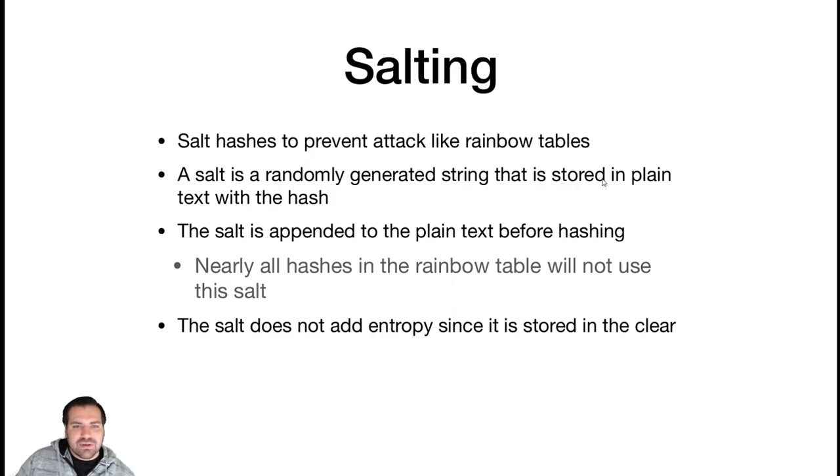So we have this string that everybody knows, a very random, can be long string, but it's going to be appended to the end of the plain text before hashing. And then when somebody goes to log in, we're going to append that same salt to the end of the password that they inputted, hash that, and then look it up and make sure that matches what we have stored.